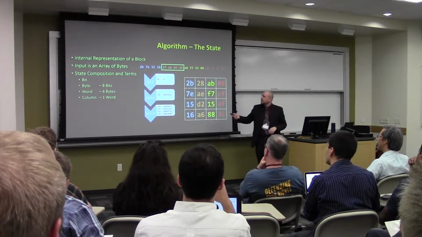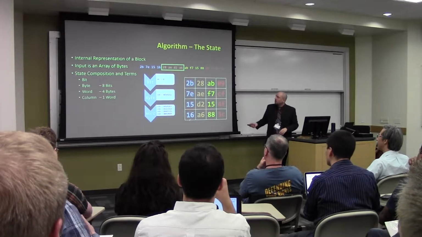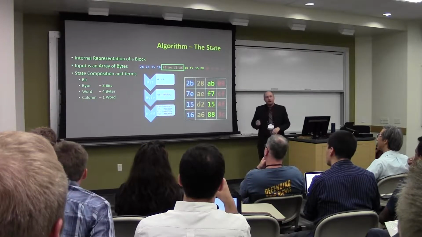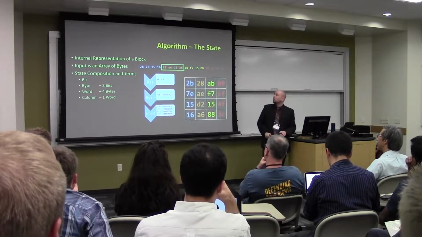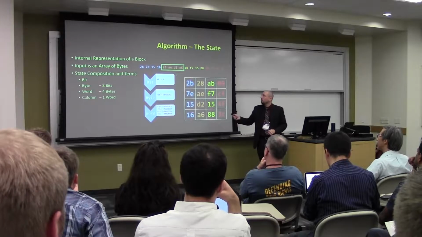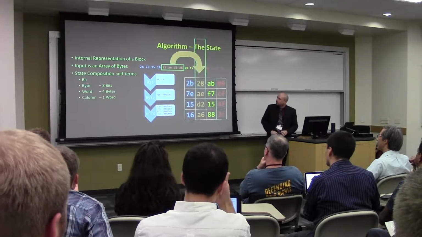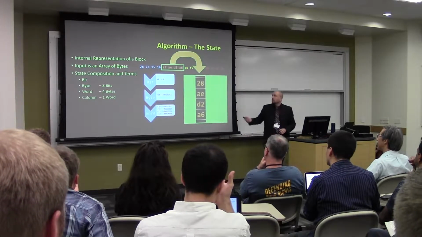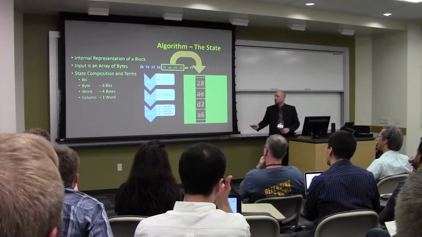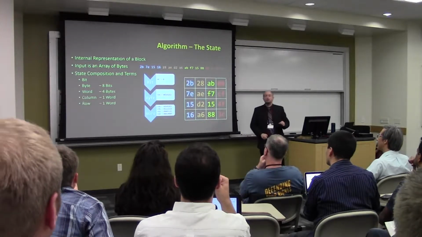Okay? This is our input. This is ultimately going to be our state. A column is of the size one word. Here is the one word that comprises this column. Okay? So we see how this translation occurs. We have the same concept for a row.